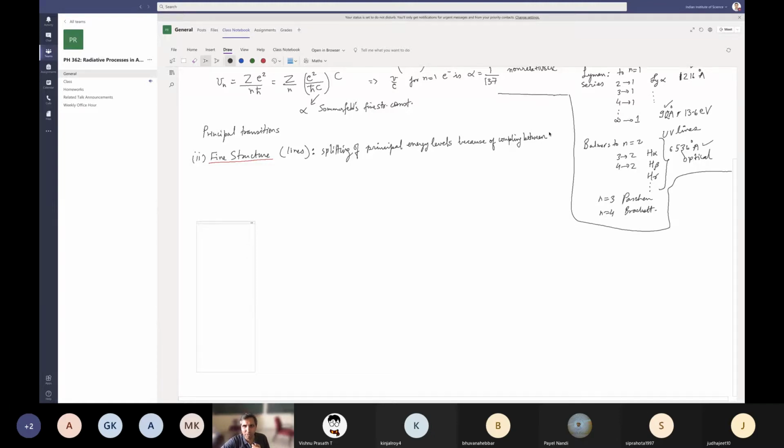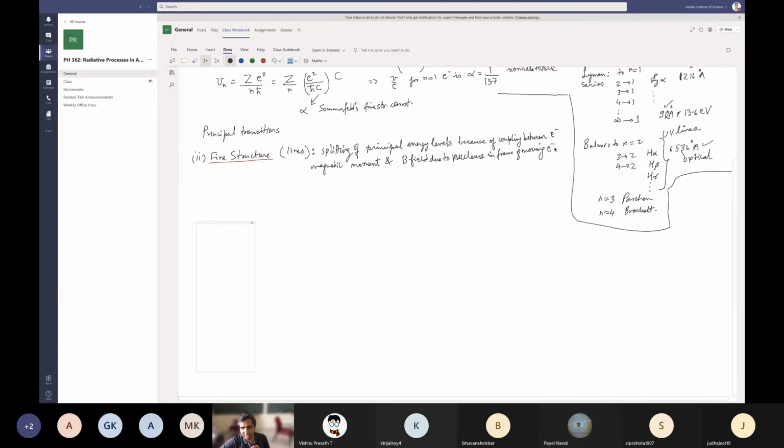electron magnetic moment. The electron has a spin, and if you have a spinning charge, it has a magnetic moment, and the B field due to the nucleus in the frame of the moving electron.